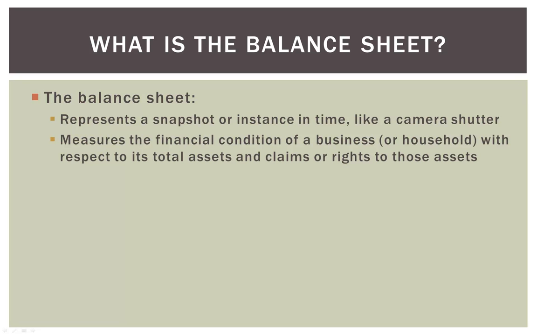What the balance sheet does is measure the financial condition of a business, or you can think of a household too, we'll talk about that, with respect to its total assets and the claims or rights to those assets. We will talk about these concepts in greater depth in a few minutes, but just in general, realize that the balance sheet is a snapshot in time versus a change over time, and it's really about the total assets of a business and claims or rights to those assets.